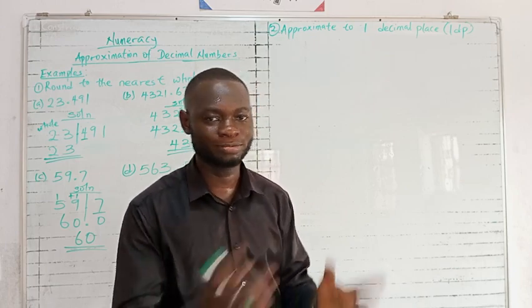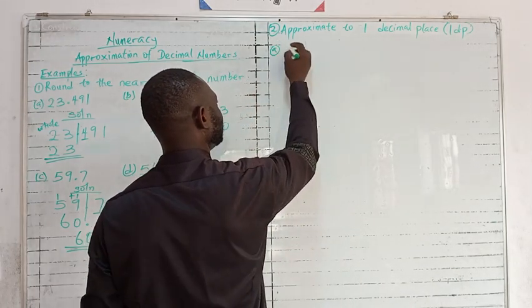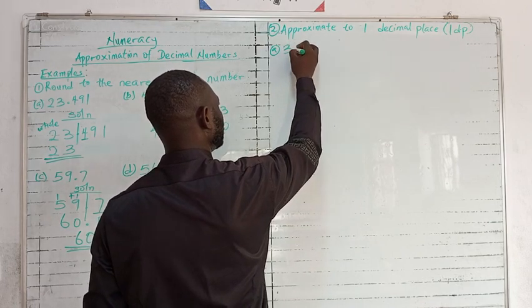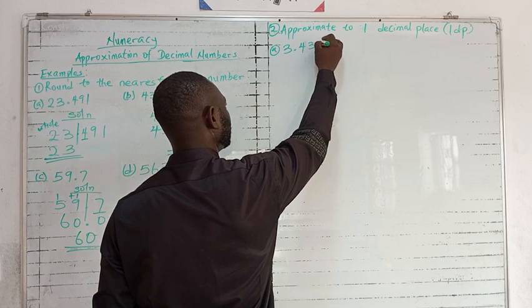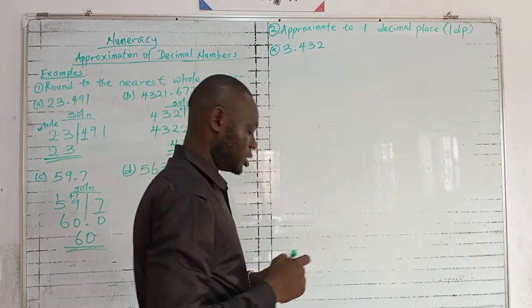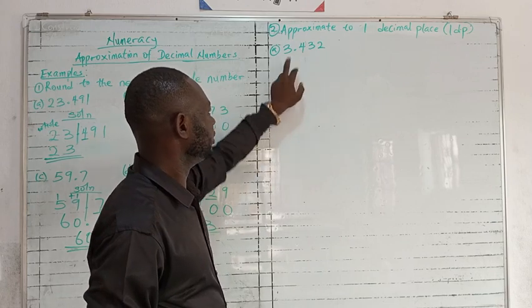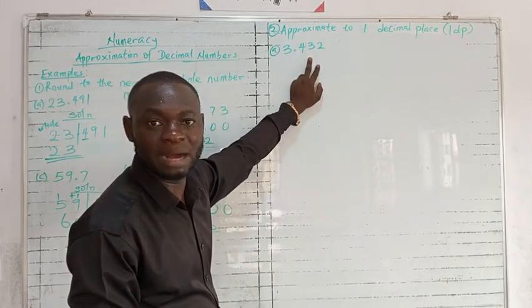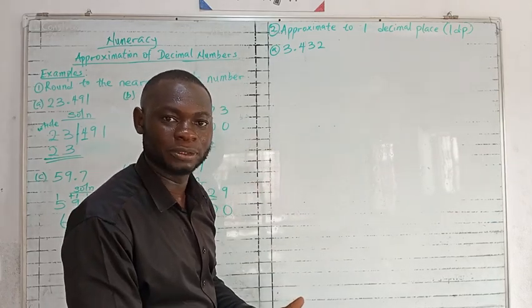And to do this, okay, let's move the board. Let's say I have 3.432. Now looking at this number, 3.432 is a decimal number of how many decimal places? 1, 2, 3, because it has 3 decimal values.